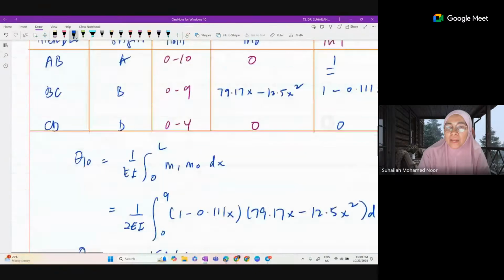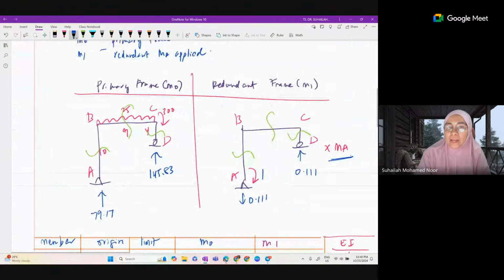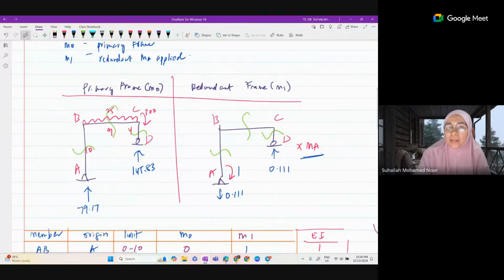Because diagram yang tadi yang awal ni kita dah ada, okay, primary frame and redundant frame. Remember the general equation, the principle of superposition, primary frame plus redundant frame, and redundant frame, everything inside the system we must times with the redundant value. So means that dua-dua ni dia tambah lah.